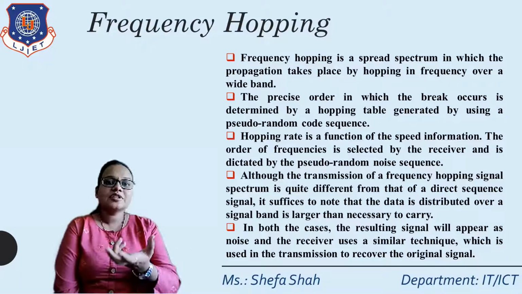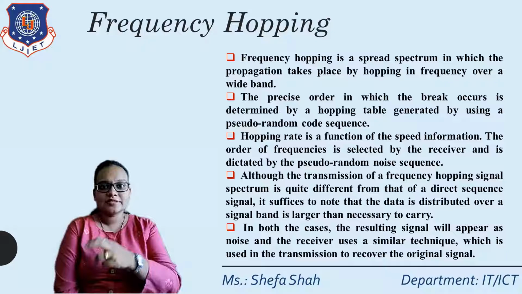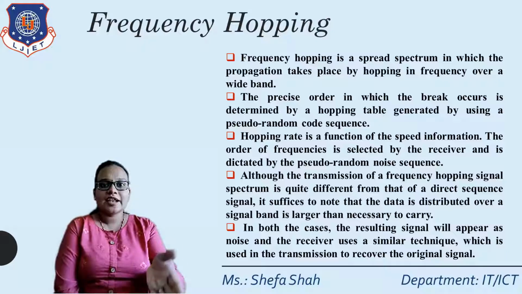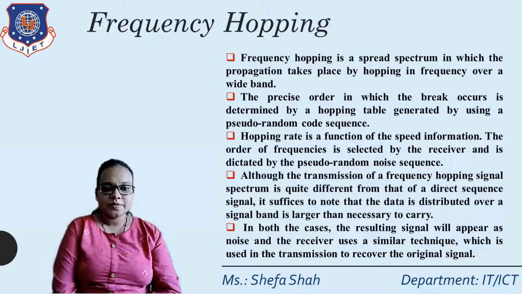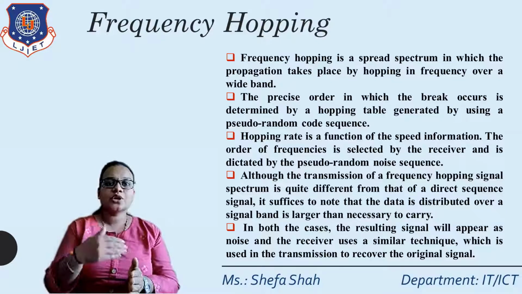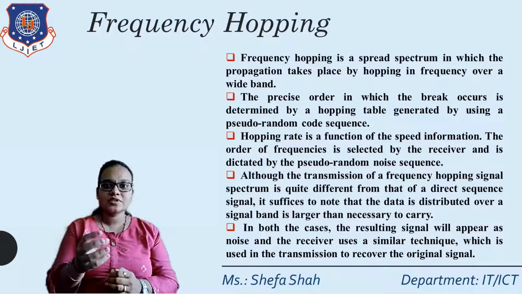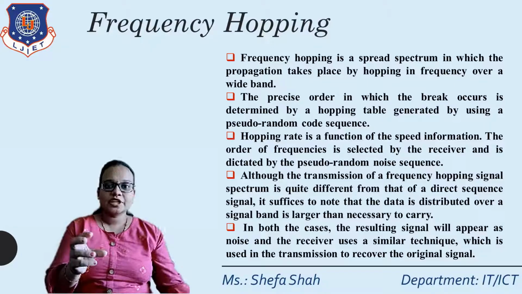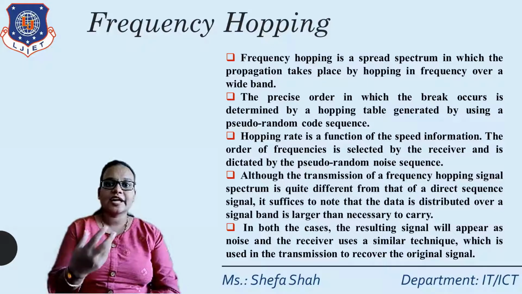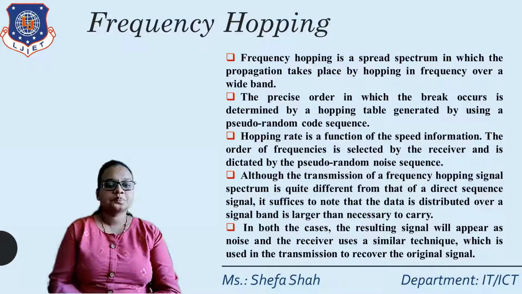So whenever the whole code is detected at the receiver side, automatically this eliminated signal will be attached with the help of this data sequence, right? So in frequency hopping, we need to eliminate the frequency, or data of that particular frequency, which is not needed at the time of transmitting.